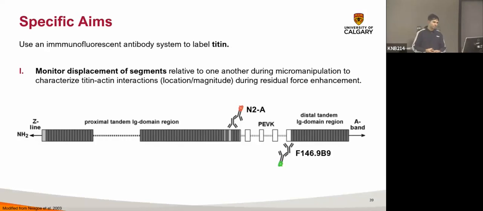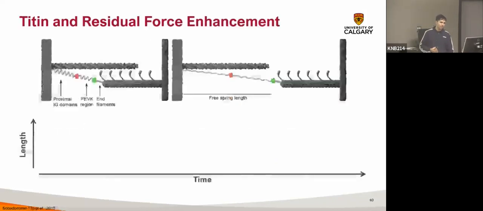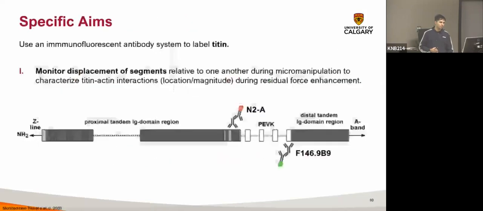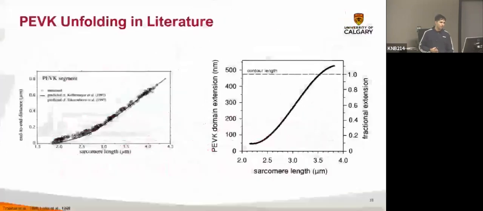The other issue is that the red and the green labels like this, because the PVK is a pretty short element, about 100 or 150 or 200 nanometers in length. That means these red labels and green labels, if you were to take an image of both of them at the same time, would be right on top of each other and you wouldn't be able to detect them.